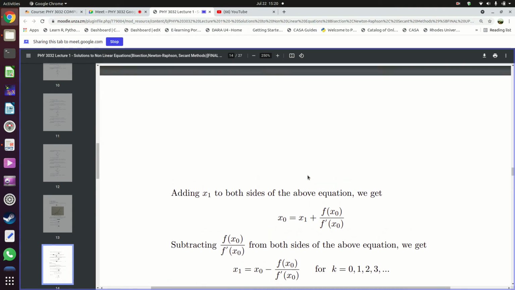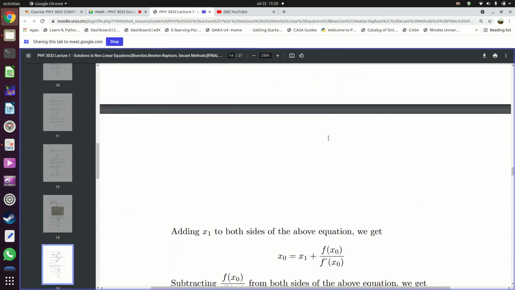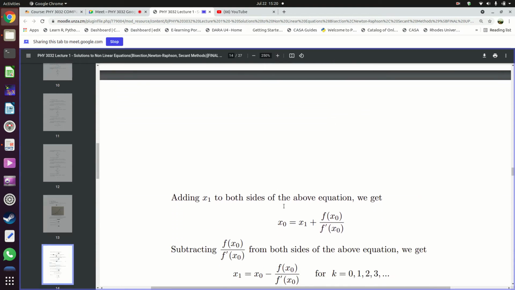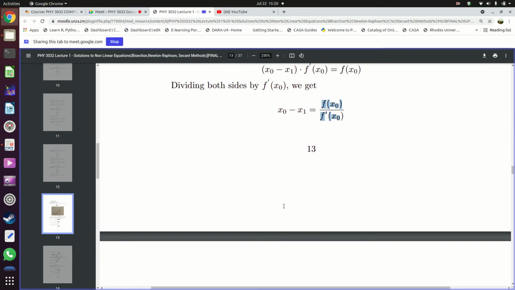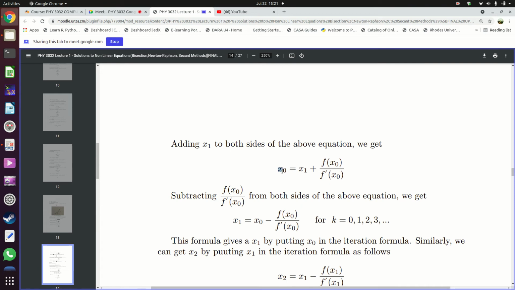So I take this part to the right hand side, and I end up with x naught equal to x1 plus f of x naught divided by the derivative of f.